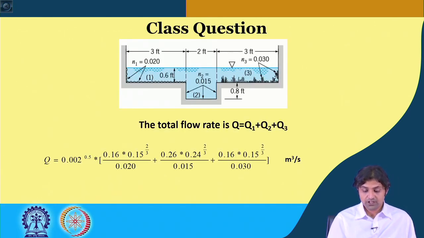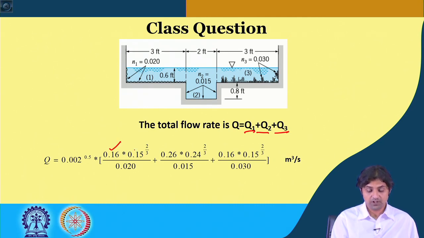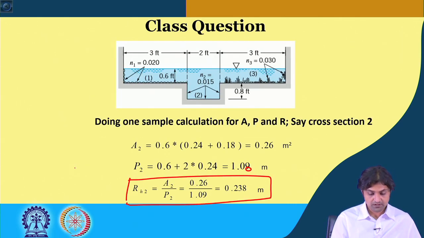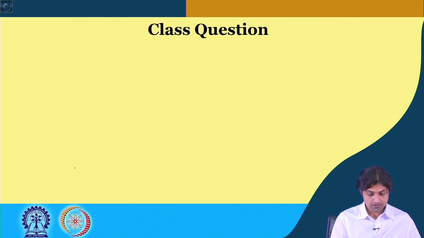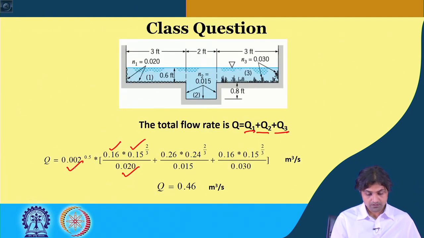So, the total flow rate is Q1 plus Q2 plus Q3. So, with those values, area multiplied by RH to the power 2 by 3 and S naught to the power half, because see what the formula says, divided by n, that is 1 by n.